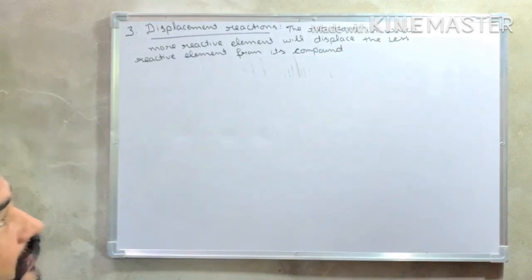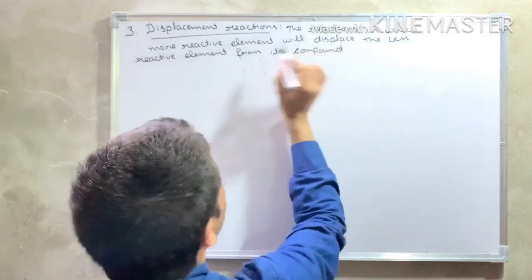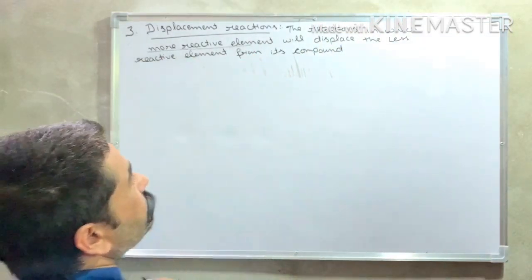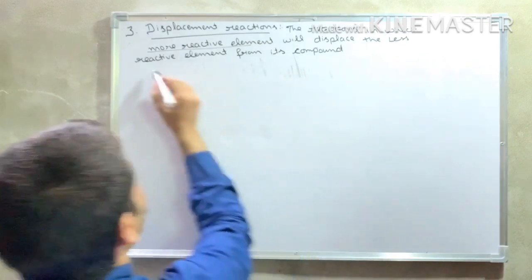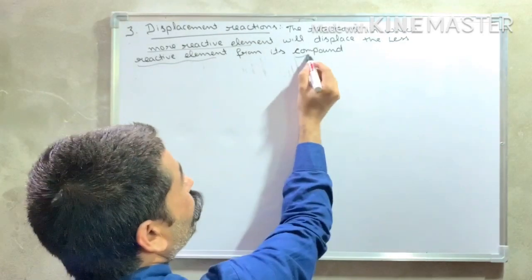In this definition, I have covered three important words. One is more active element, another is displaces the less reactive element, and another is from its compound.